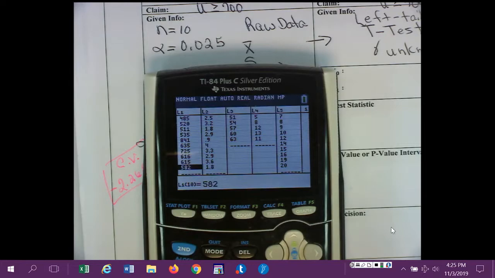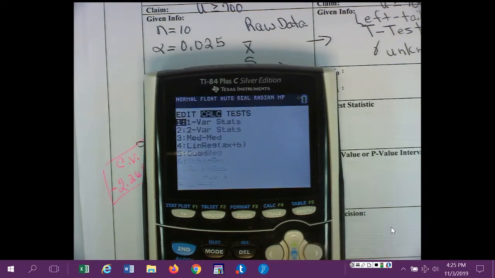Looks good. Then go to Stat, arrow over to Calculate, one variable statistics, and I need to change that to the L1 column, and then Calculate.